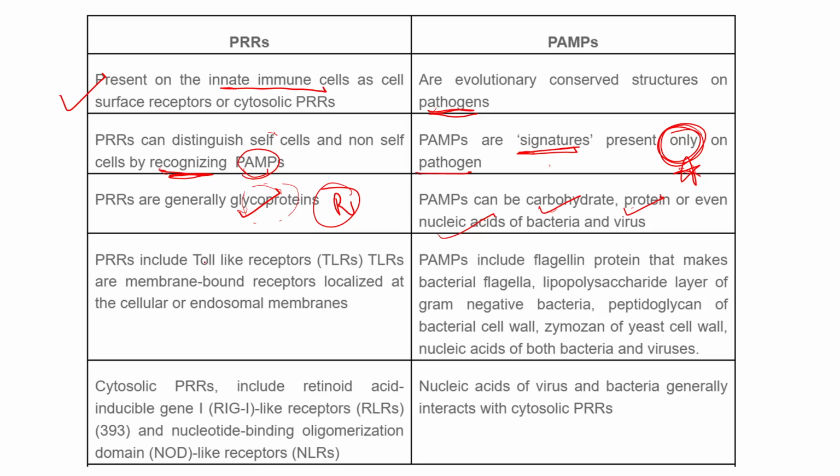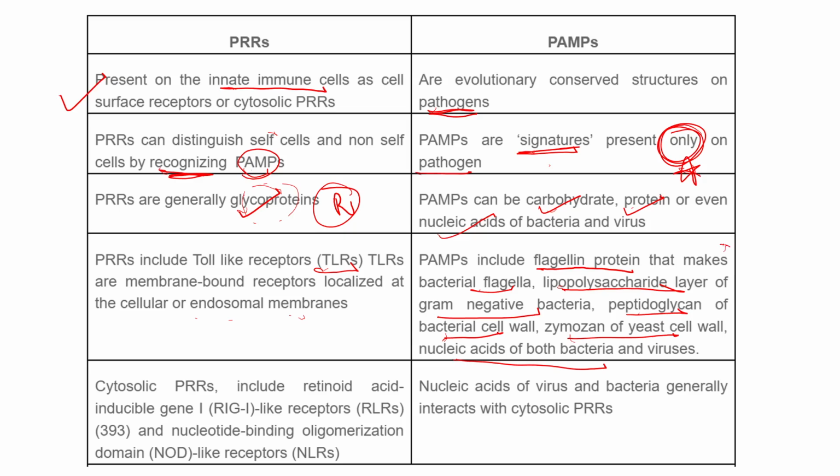PRRs include the TLRs, which are membrane bound receptors localized at the cellular or endosomal membranes. PAMPs include the flagellin protein present in the bacterial flagella, lipopolysaccharide layer of gram-negative bacteria, peptidoglycan layer of the bacterial cell wall, zymosan of the yeast cell wall, and nucleic acid of both bacteria and viruses.